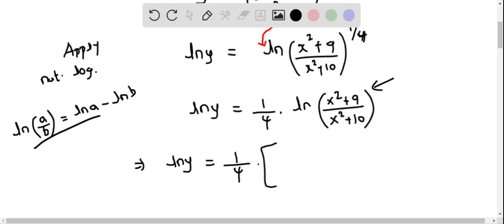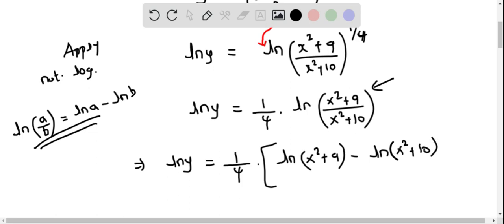So I'm going to use this quotient rule of natural logarithm. I can rewrite this as natural logarithm of x squared plus 9 minus natural logarithm of x squared plus 10.